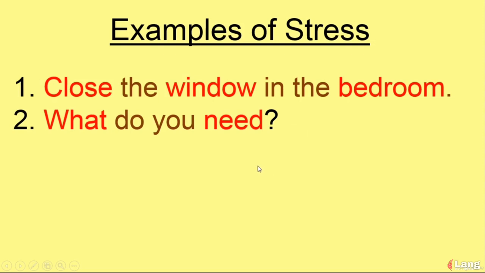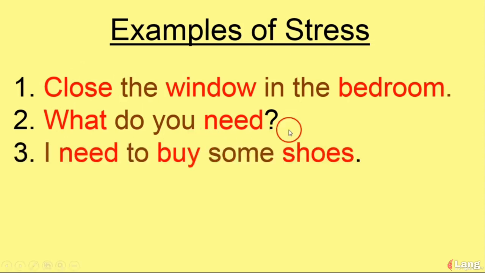What do you need? Okay, so here the stress is placed on the words what and need. It's louder, it's longer, and the pitch of my voice is just a little bit higher. What do you need? I need to buy some shoes.